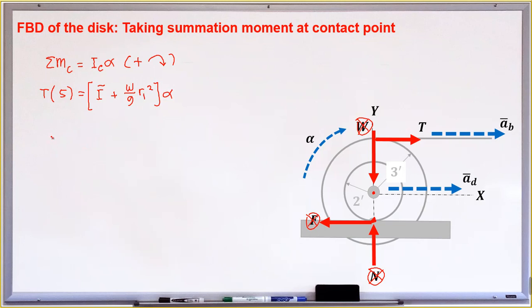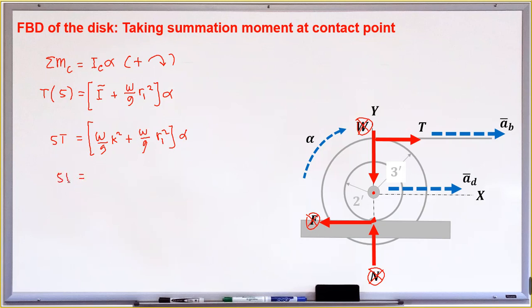So we're going to simplify this. So we have 5T. This is equal to, again, for a rolling disc, it is also the same with the rolling cylinder. So its mass moment of inertia is equal to the product of weight over G and the radius of gyration squared. So W over G, then K squared plus W over G, and this is R1 squared, that is alpha.